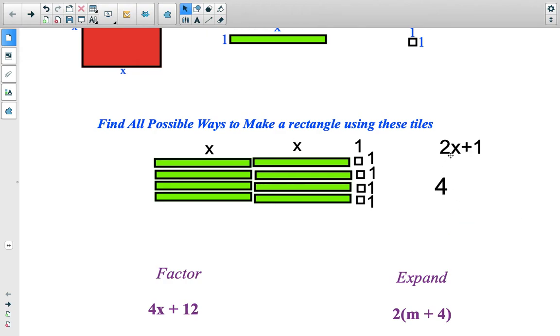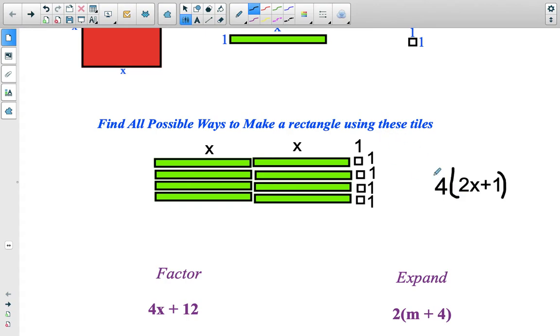My area could be represented as my length times my width, 4 times 2x plus 1. You guys know what you get when you multiply those to get my area. If I multiply this in, I'm going to get 8x plus 4. Isn't that how many blocks I had here? I had 8x blocks and 4 ones. So this here is factoring. Expanding is when I multiplied.